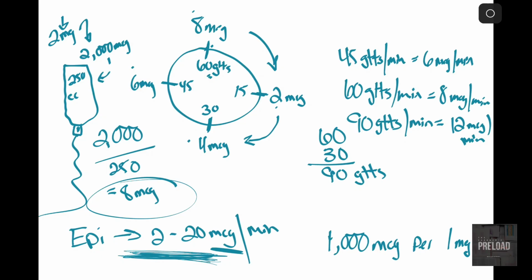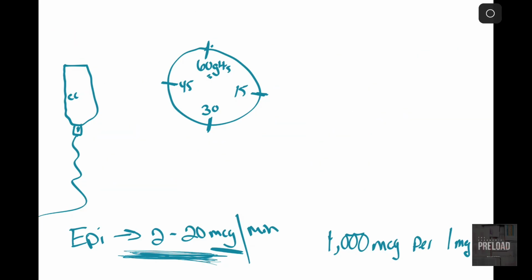So let me go ahead and completely change up our bags and our dosage and let's see what this does, because that way you can start working on how to process this information and our concentrations. So let's say you decide that you want to mix your epi drip, 1 milligram, into a 100 bag.